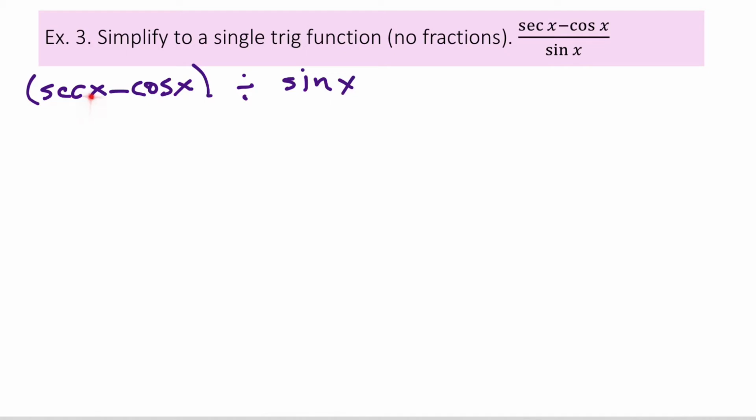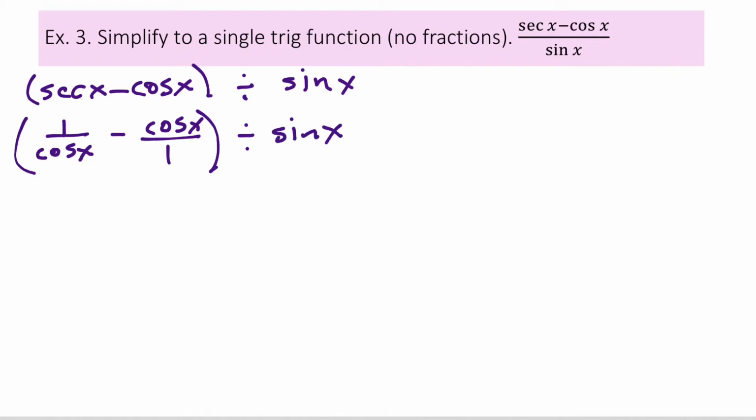So the secant of x we can write as 1 over the cosine of x. And then we've got the cosine of x. If we put that in numerator over denominator form like that, we've got the cosine of x over 1. And all this is now still divided by the sine of x.